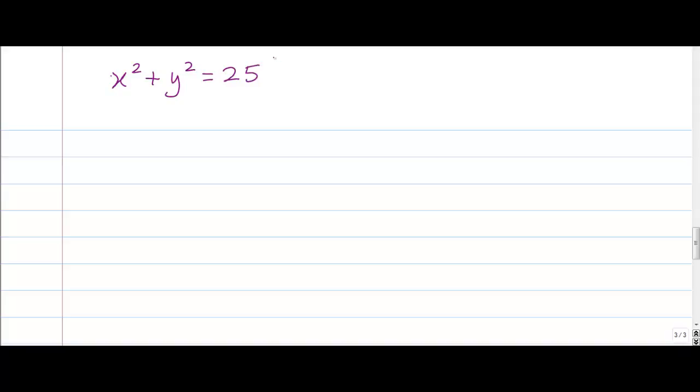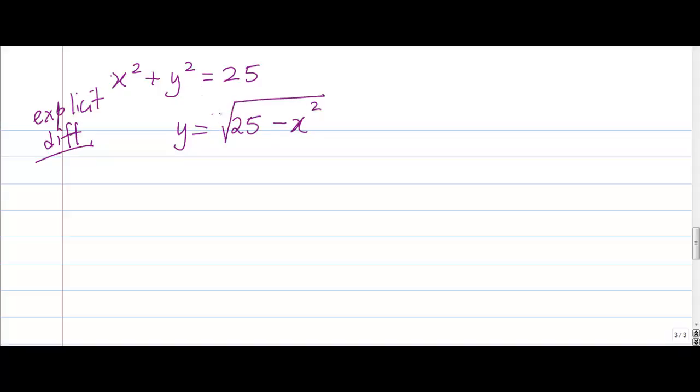If I wanted to take the derivative of this explicitly, which is what we've been doing all along, explicit differentiation, we would solve for y here, so I subtract x squared from both sides, and then take the square root, right? It's y squared. And when you take a square root, it's always plus or minus. The plus is the top half of this circle, and the minus is the bottom half of this circle. So we would have to differentiate these separately.